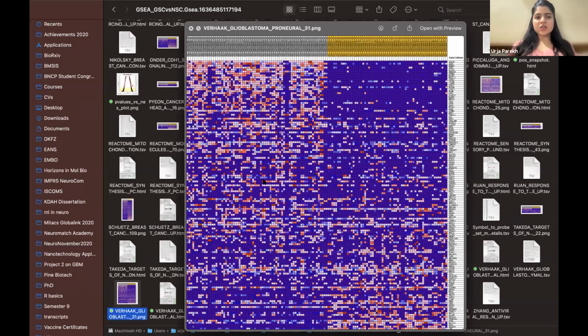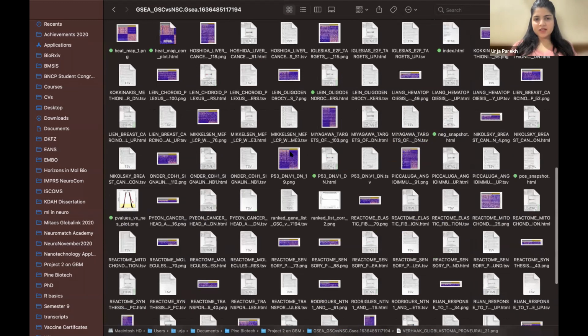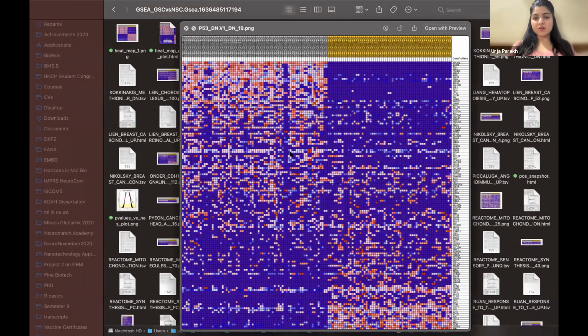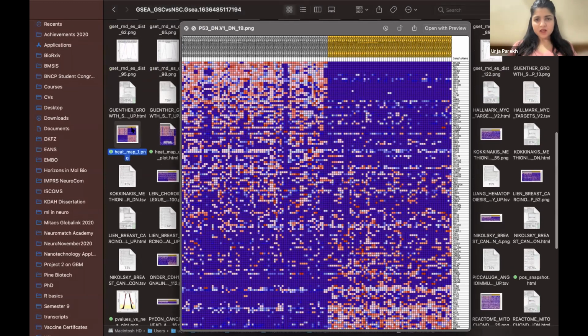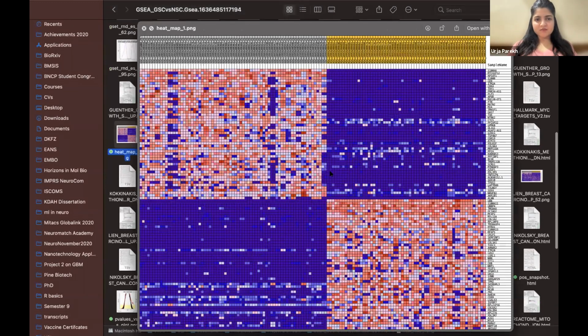I again need to classify what kind of subtype the neural stem cells that I have taken into consideration fall under for the glioblastoma tumor classification. There is a lot to look at because I have used several different types of gene sets from GSEA to try and understand the gene sets that might be enriched in my particular study. So this is just a general heat map of my particular study.